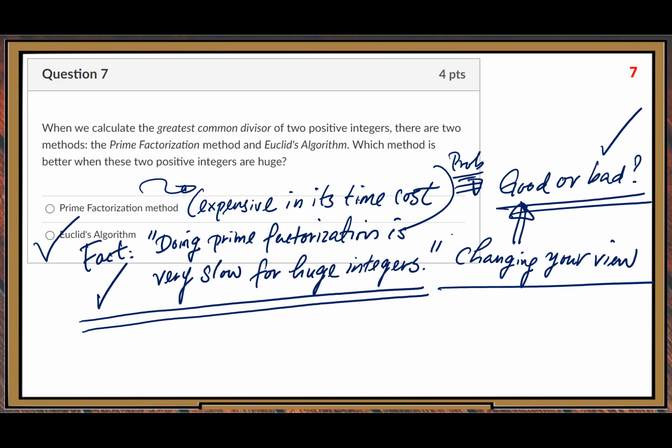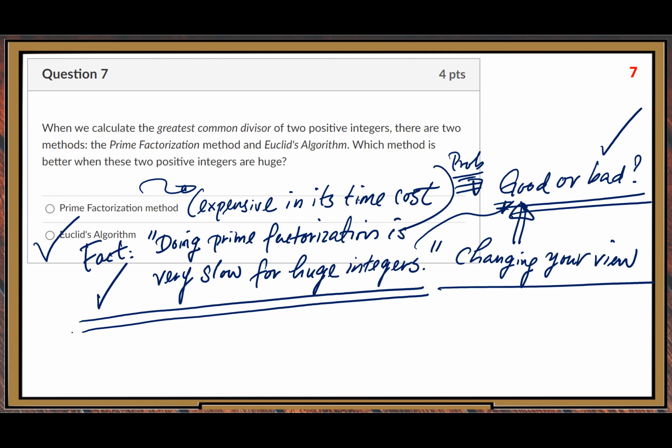That would make it a good thing. We would like to take advantage of this fact to develop some real world application that is very useful, very important.